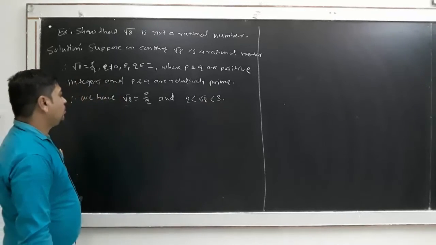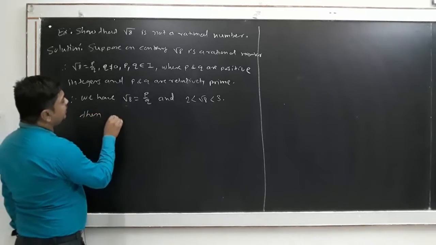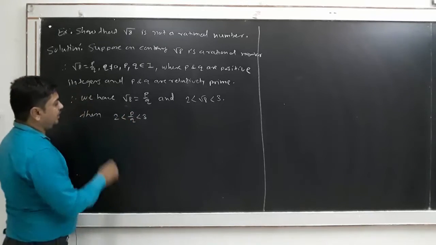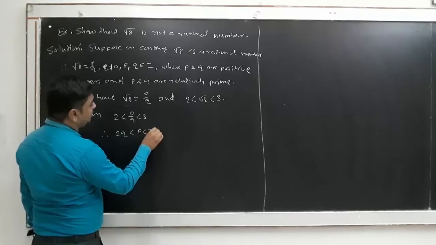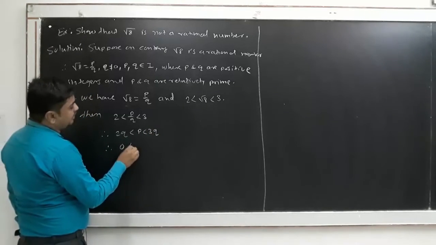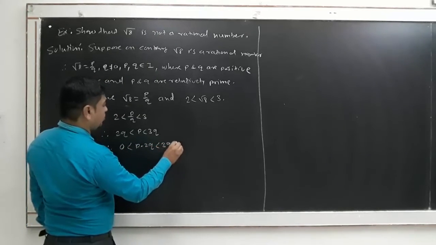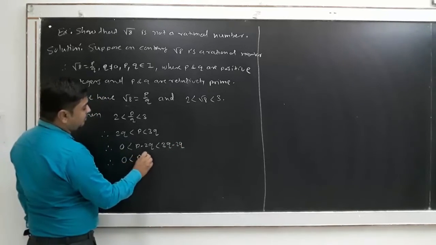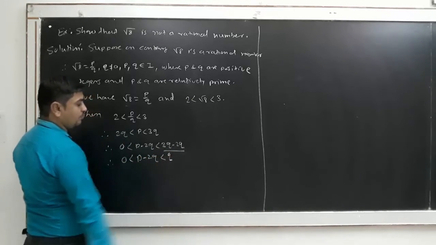Then 2 is less than P by Q is less than 3, and therefore 2Q is less than P is less than 3Q. Just do simplification. So this implies 0 is less than P minus 2Q is less than 3Q minus 2Q, which is Q.